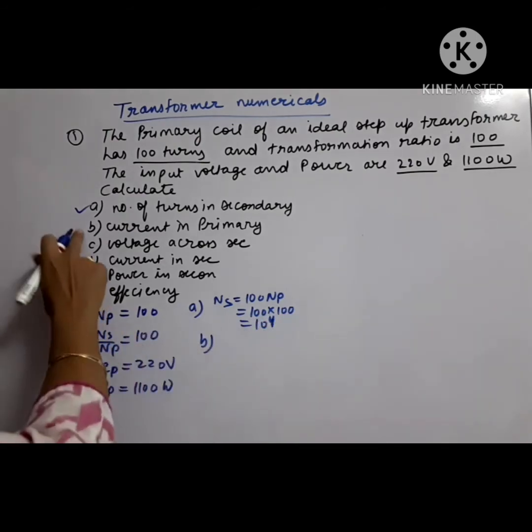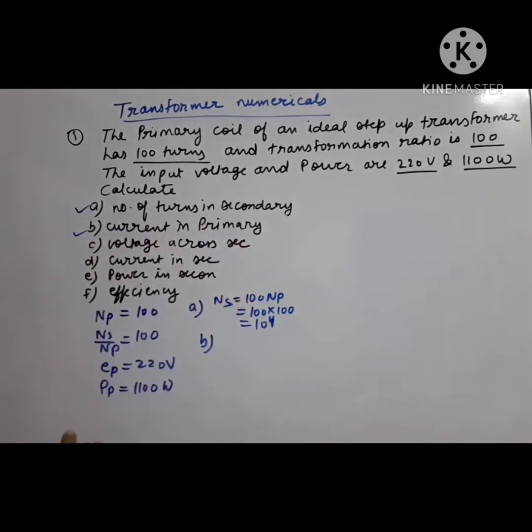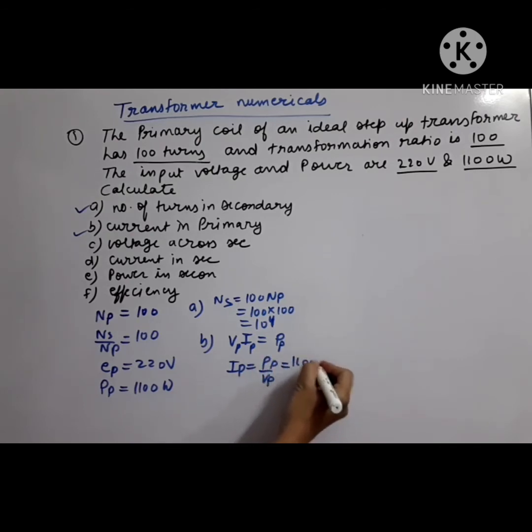B part of the question is current in primary. How to get the current in primary? You already know VI is equal to power. Power in primary and voltage in primary are already given, so we can solve current in primary using these two data. So power upon voltage, 1100 upon 220 volt. The answer will become 5 ampere.